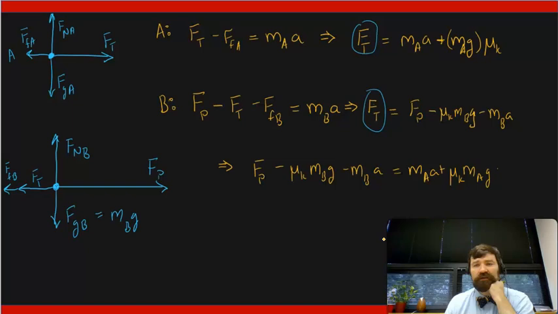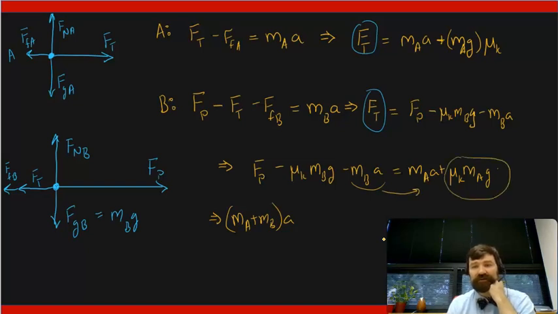All right, we're trying to solve for acceleration, so we want to isolate that on one side of the equation. That gives us mass of A plus mass of B times acceleration. That is basically adding this term to both sides, and then we have to subtract this term from both sides, and we'll put this side, which is on the right here, on the left ultimately.